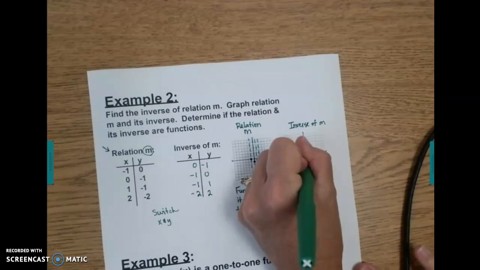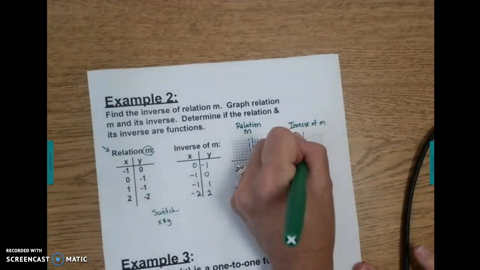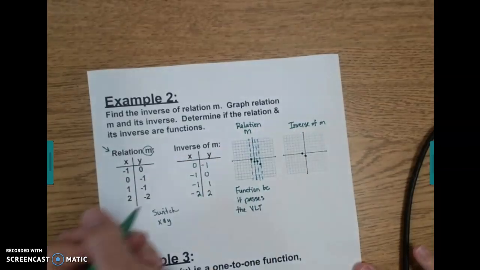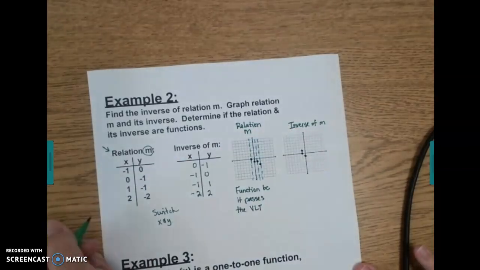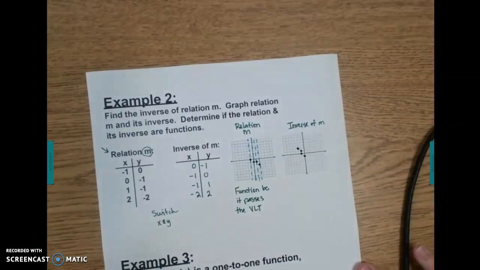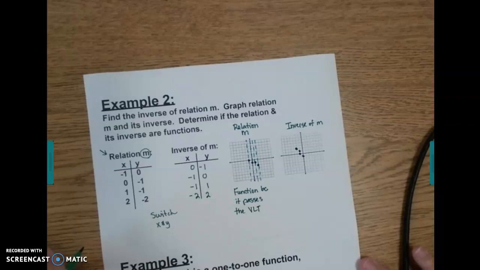So (0, -1), (-1, 0), (-1, 1), and then (-2, 2). So there's the inverse. Is this going to be a function or not? I said function. I shouldn't have.